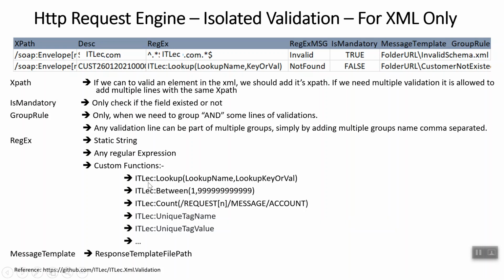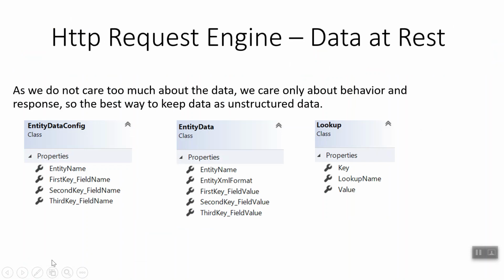So I can say, for example, I have a lookup to read from the database. It is between one and whatever number. I want to count a specific XBus. I also have some custom validation, and at the end of the day, we can add as much as we want. Okay, and here we have a message template as well.